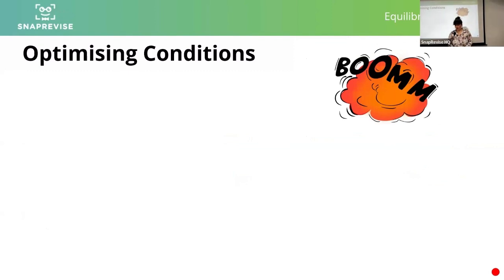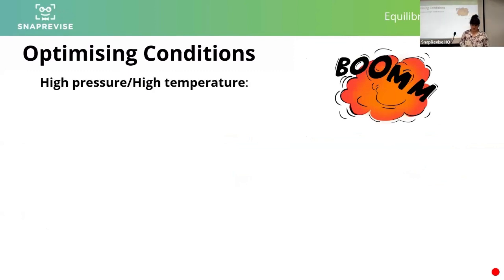Okay, what happens when we try to optimize conditions though? Because lots of the time, high pressure or high temperature is what we want in terms of shifting the equilibrium towards a product, perhaps, or speeding up the rate of the reaction with a high temperature, for example. But why is this an issue?